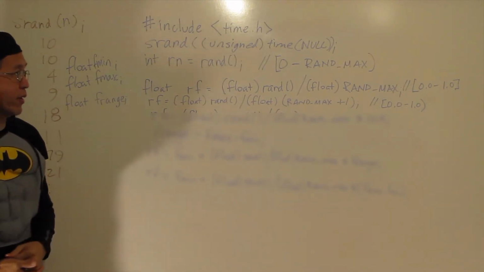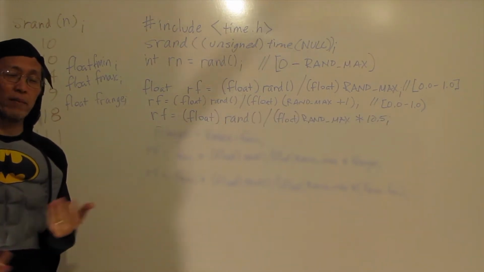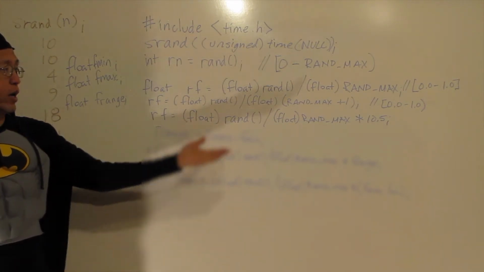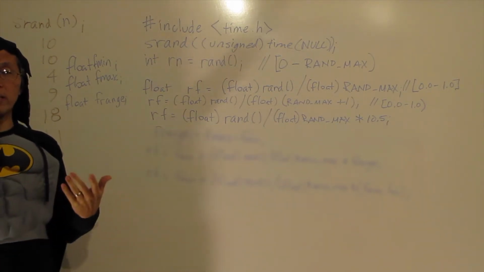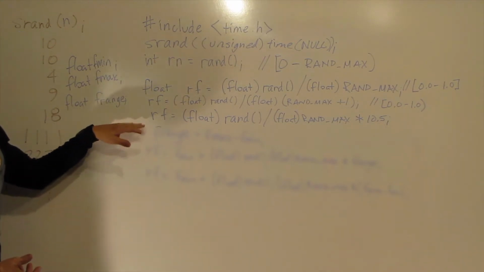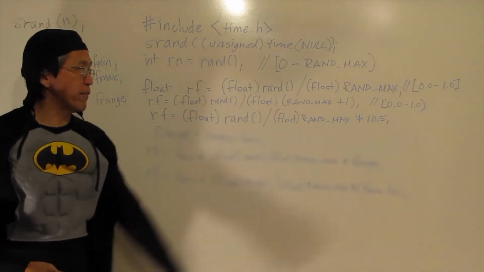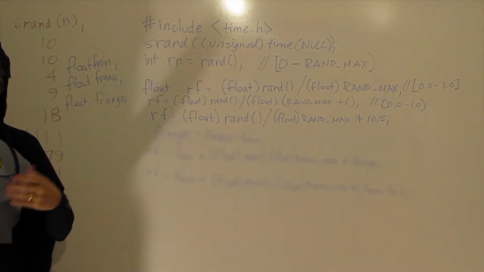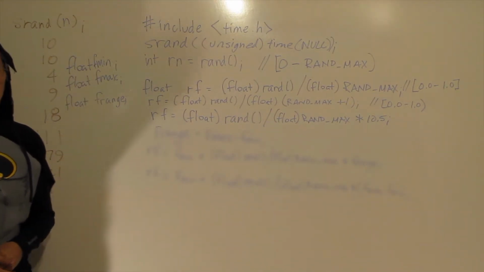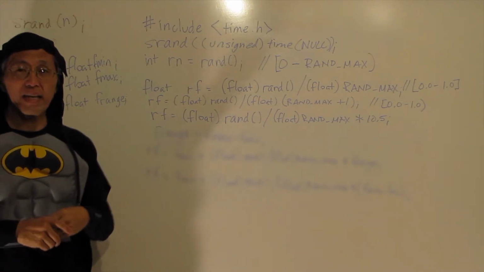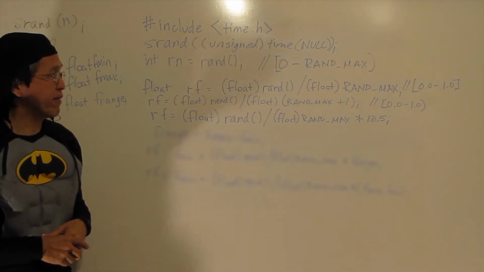So then here's another one. Let's say we don't want to have just random numbers between 0 and 1. We want to have random numbers between 0 and 10.5. Well, then we can use this formula here. rf is assigned the value float rand divided by float rand max times 10.5. And that will give us the random numbers between 0 and 10.5 inclusive of 10.5.